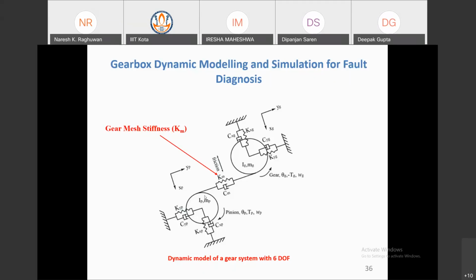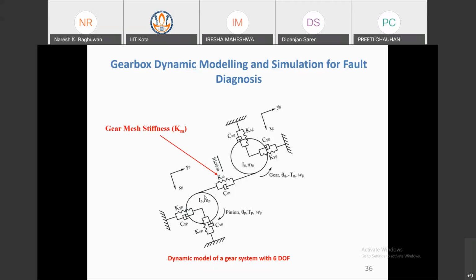If a cantilever beam is considered, you have to measure the stiffness of that tooth. But in the dynamic model, the bearing housing stiffnesses are constant, or you can consider them constant. Very little variation will be there. So you can consider that bearing housing stiffnesses are constant.